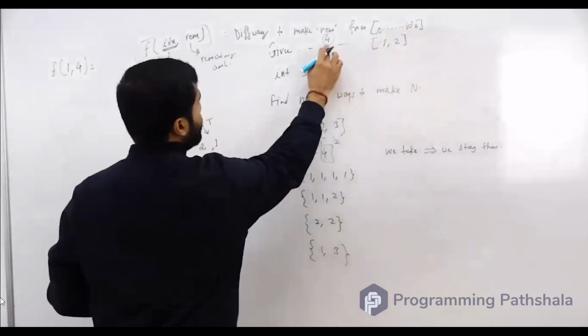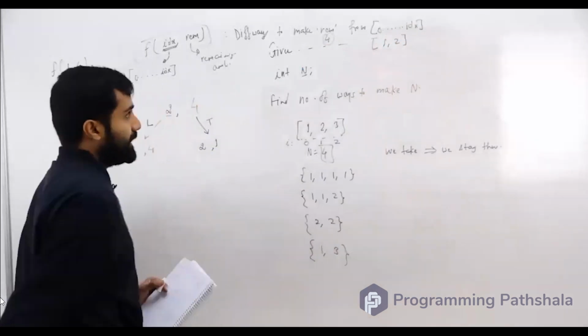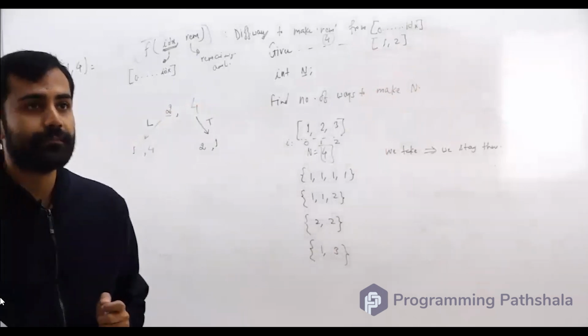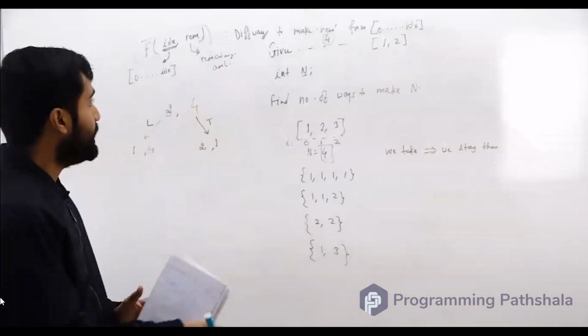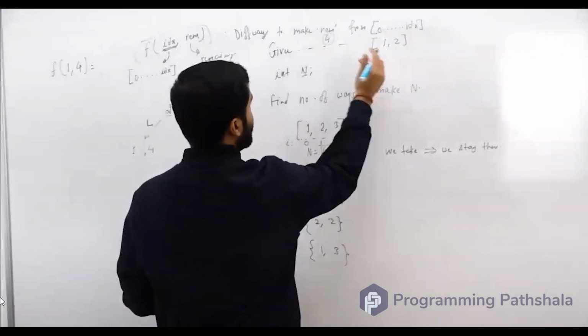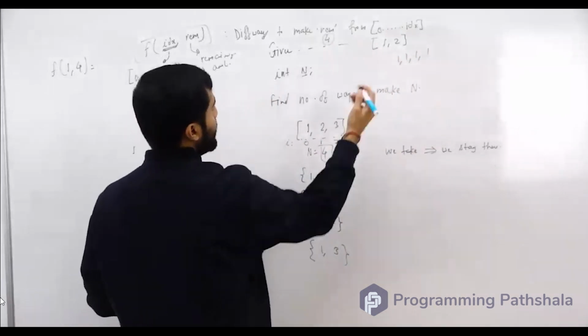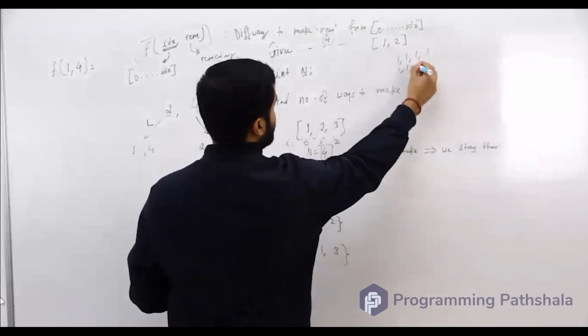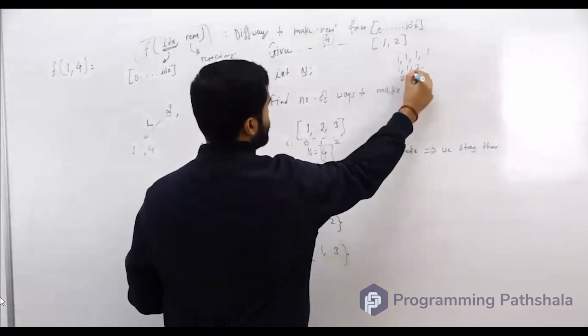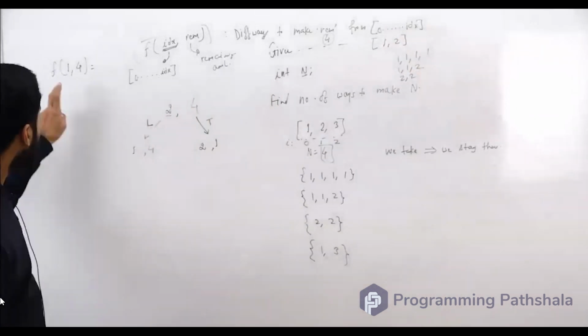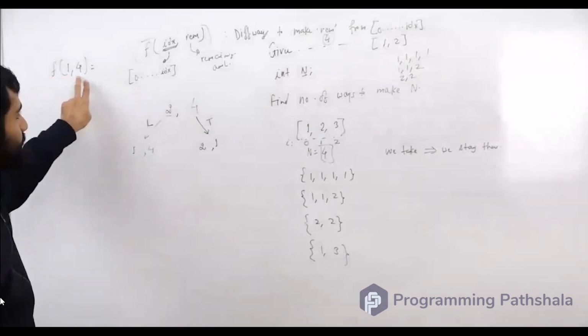So you want to make 4 rupees from this much of the array. How many different ways are there? There are 3 different ways. First way is you take the 1 for 4 times, the second way is you take the 1 for 2 times and 2 for 1 time, and the final way is you take the 2 for 2 times. So that is the meaning of f of idx comma remaining amount.